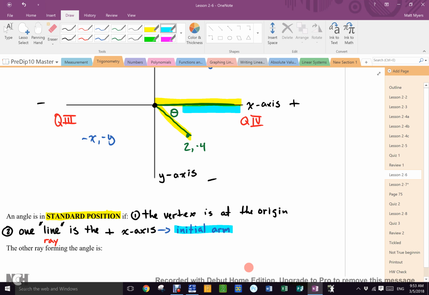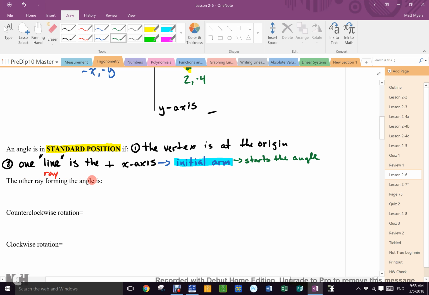So, initial arm, and I'm going to use green, this is the arm that starts the angle. Because it's the initial, it's the first arm, okay?